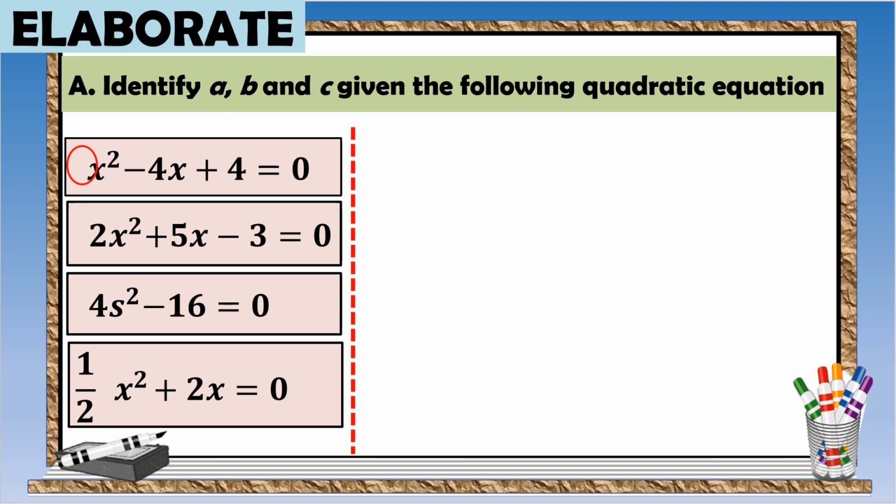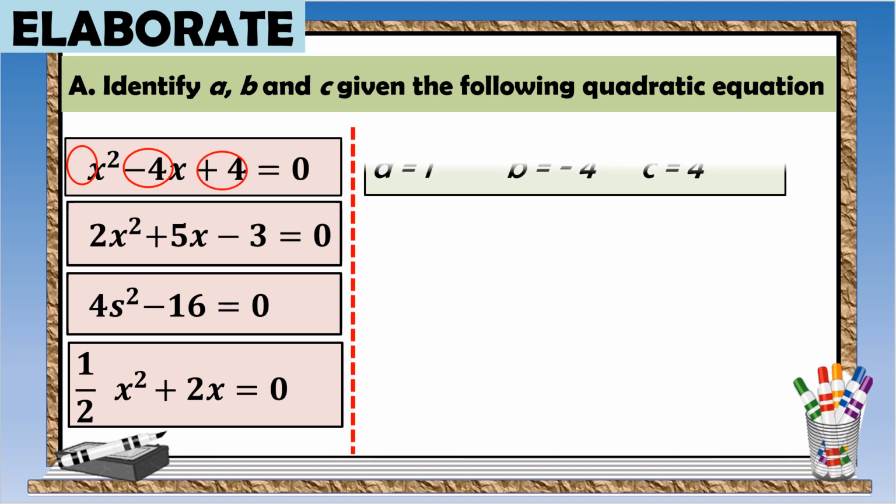A is 1, since all variables have a coefficient of 1. Then b is negative 4, and c is positive 4. To rewrite the final answer, we have a equals 1, b is negative 4, c is positive 4.